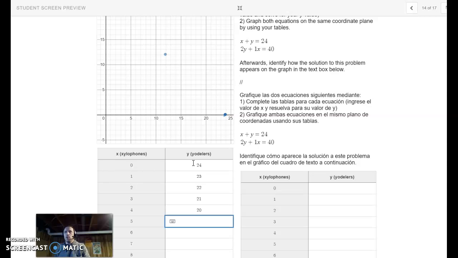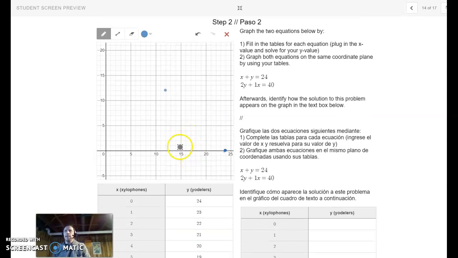Now we know what worked for our system of equations, but what we see here is there's so many possibilities. How could we see them on a graph? And so if you graph a couple of these, right? Let's do one more. If I had 15 xylophones, I could only have what? I could have 9 yodelers. And so I'm just going to connect that line.